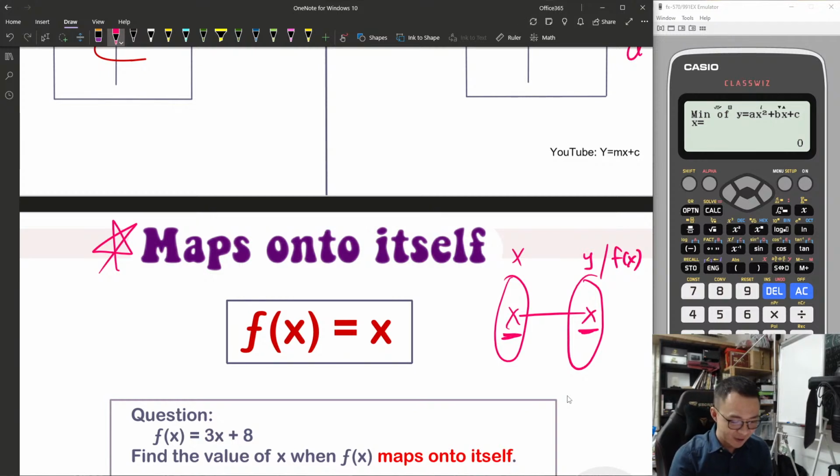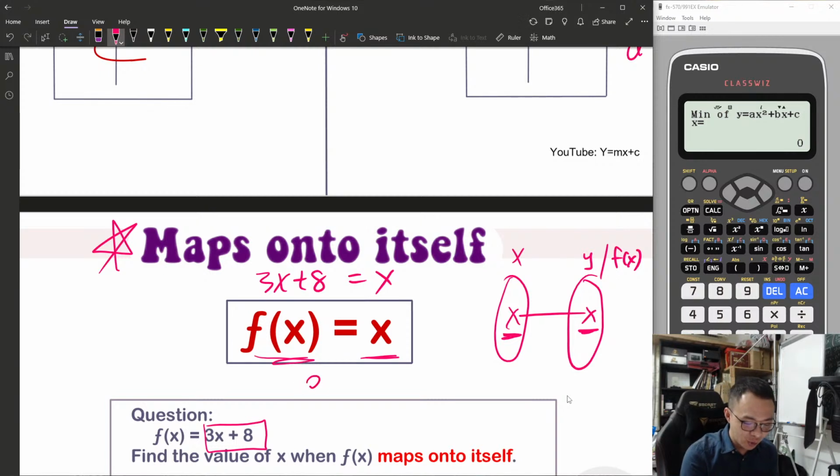So therefore, my f(x) is 3x plus 8. Since f(x) will equal x, then 3x plus 8 will equal x. By solving this equation, I know 2x will equal negative 8, then x will equal negative 4.